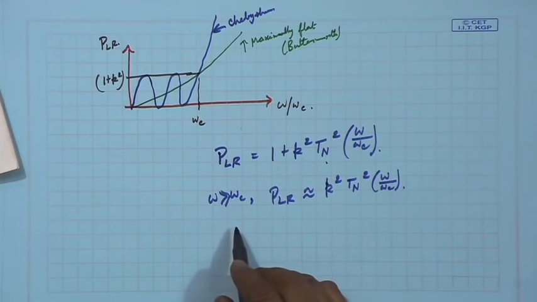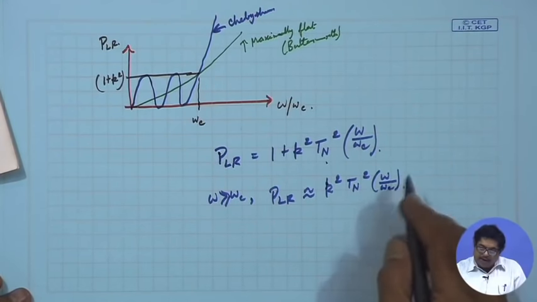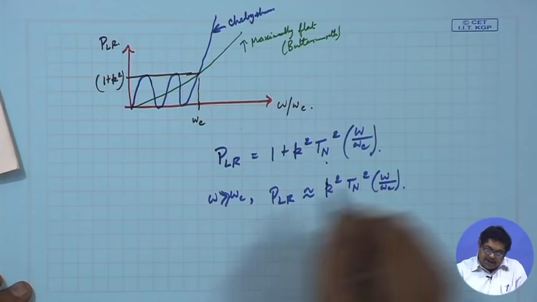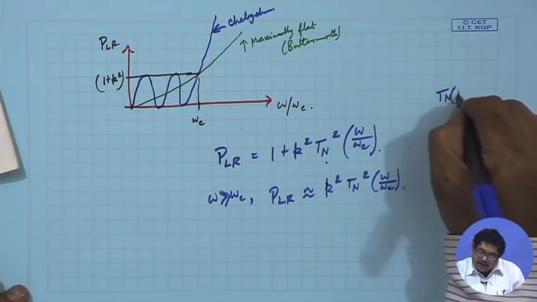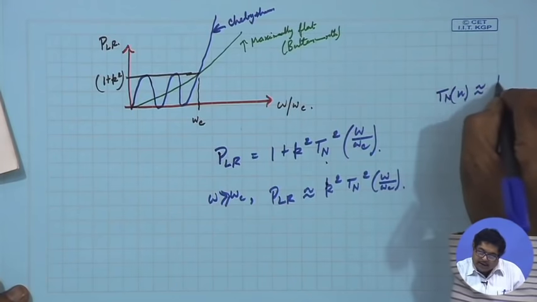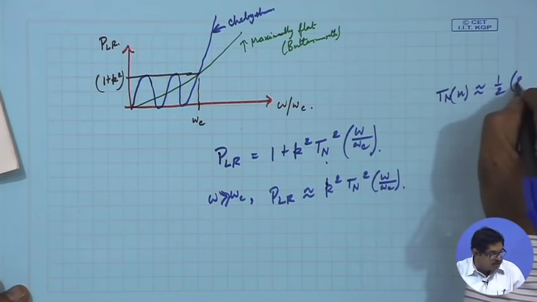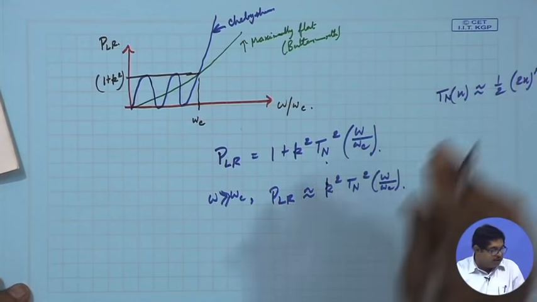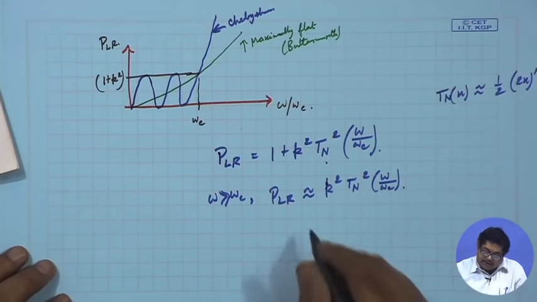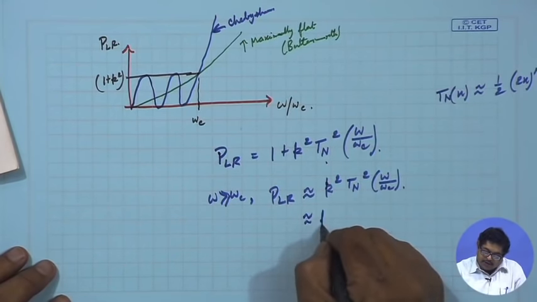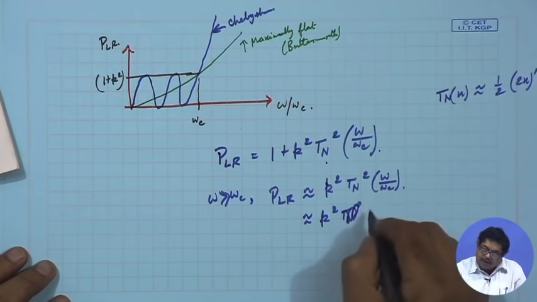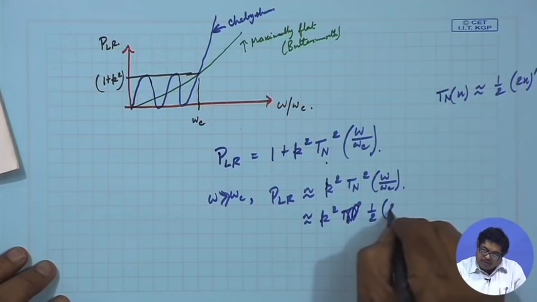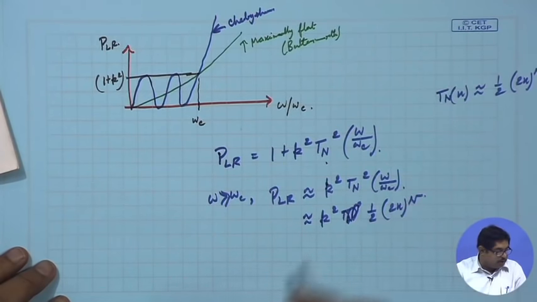Now, at high value of omega by omega c, for T n, the Chebyshev polynomial, a very good approximation is this. So, this becomes k square times T n, k square into half of 2x whole to the power n.